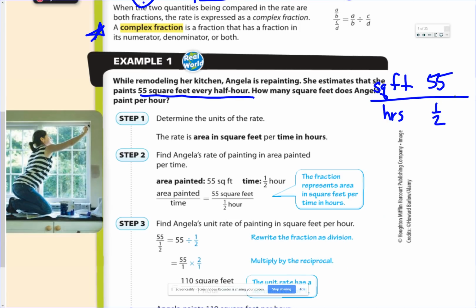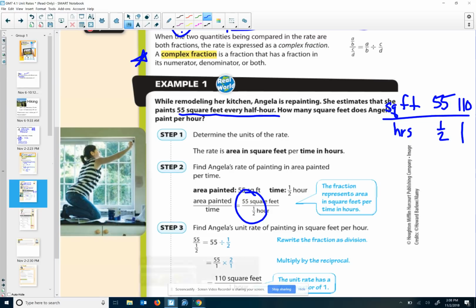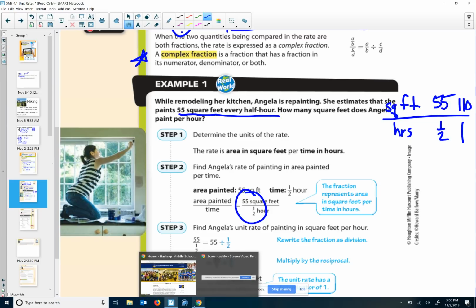And then in a full hour, at 1 hour, I'd add another one on there and I'd get 110. Or you could just simply take this 55 square feet per half hour and grab your calculator and just divide. Because really, that's what we've got going on here.